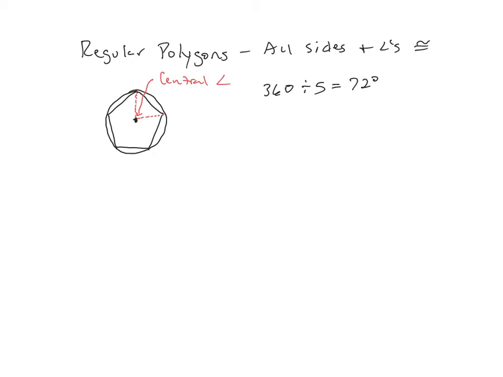Okay. If it had 6 sides, we would divide by 6. If it had 10 sides, we'd divide by 10. Whatever the number of sides is, that's what you're going to divide by to get the central angle. It's a really key component to what we're going to have to work with. Okay.